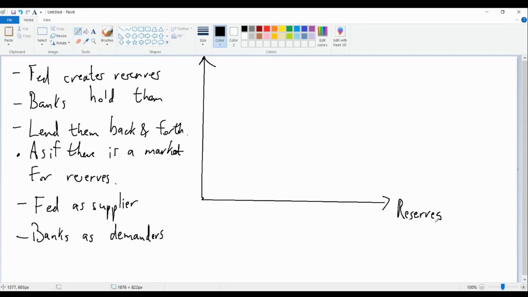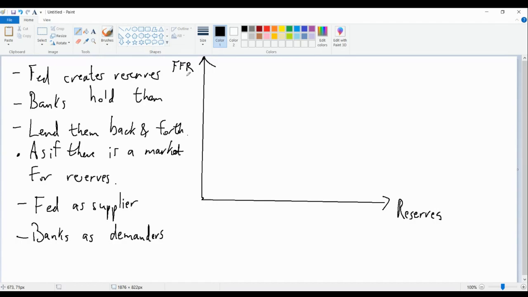In other words, what's the marginal cost of getting reserves from someone else, persuading a bank to give up one of their reserves and lend them to you? Well, it's the interest rate that banks charge each other, which is, of course, our old friend, the federal funds rate.